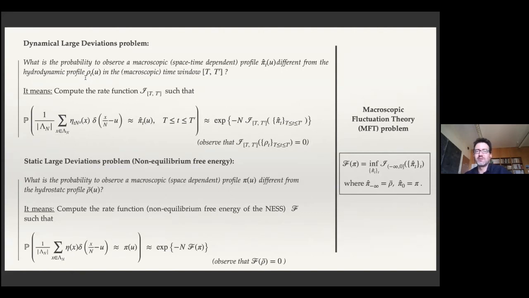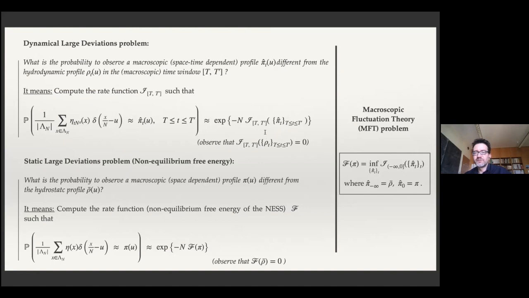Usually in the classical case, in diffusive systems, it is just some diffusion equation with some boundary conditions. And then you ask, what is the probability that my empirical density, in this long time scale, is close to some other profile? This probability will be exponentially small in the system size, in the thermodynamic limit, and you have to determine the rate of this exponential smallness.